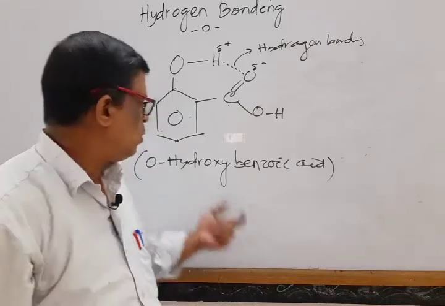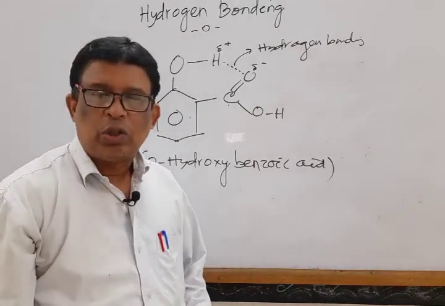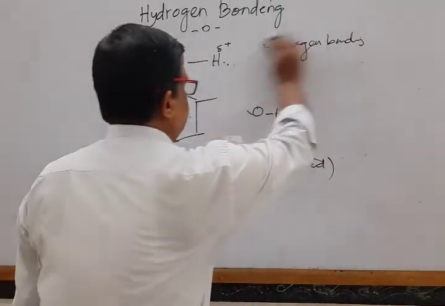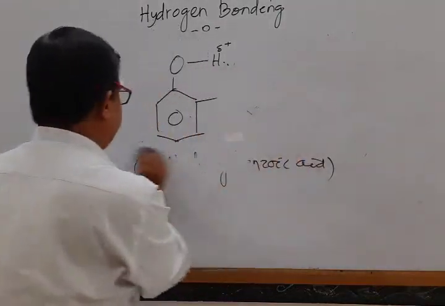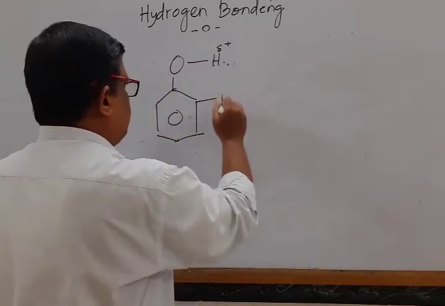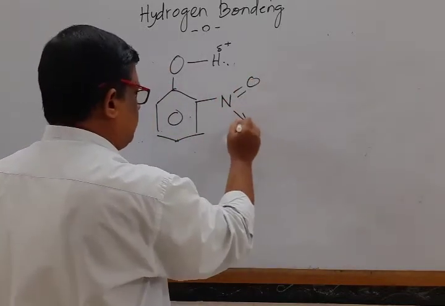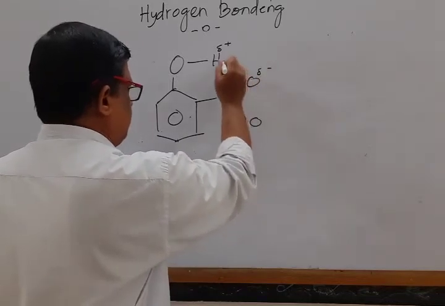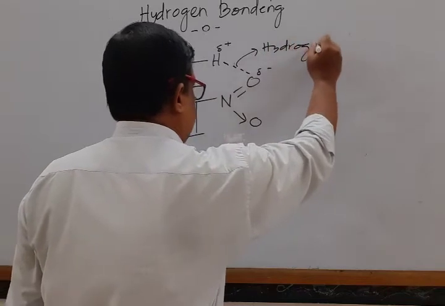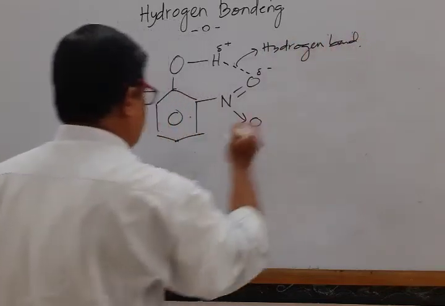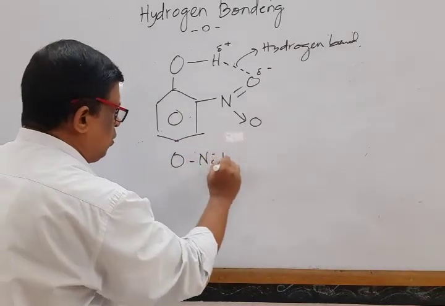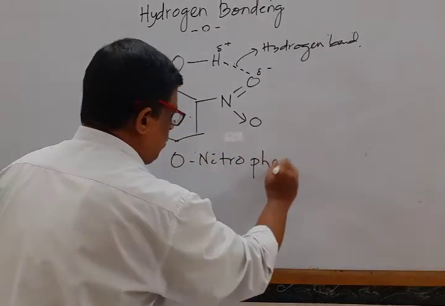Next example, another example, that is orthonitrophenol. Mark that. It is known as hydrogen bond. The name of the species is orthonitrophenol.